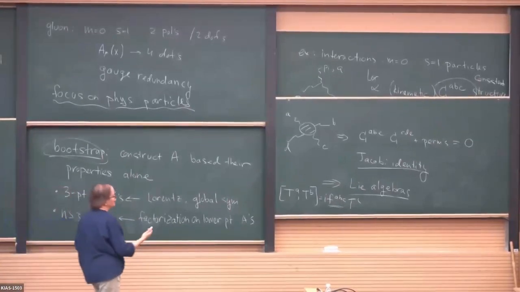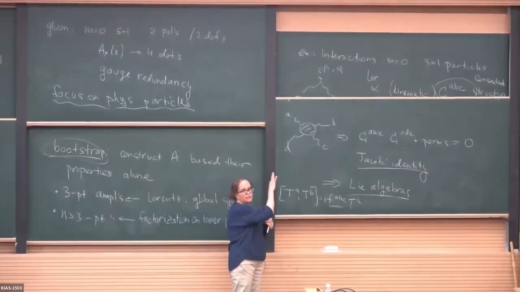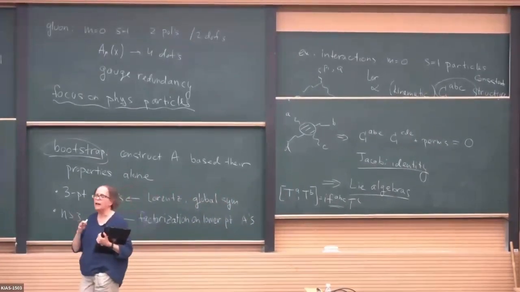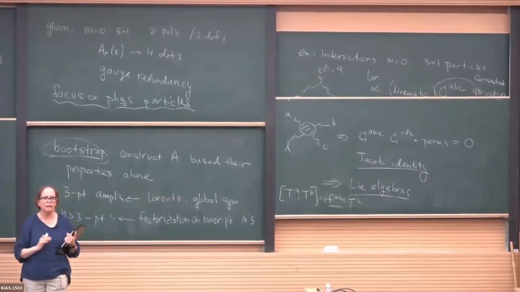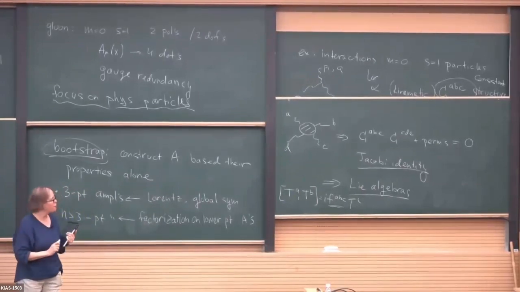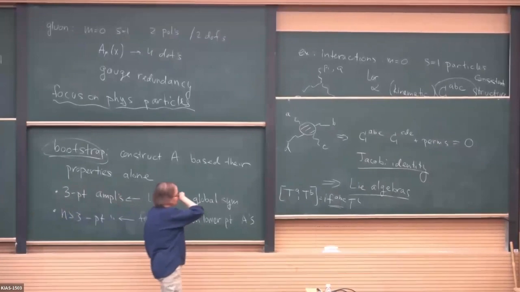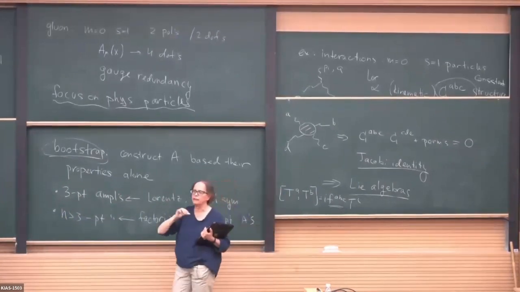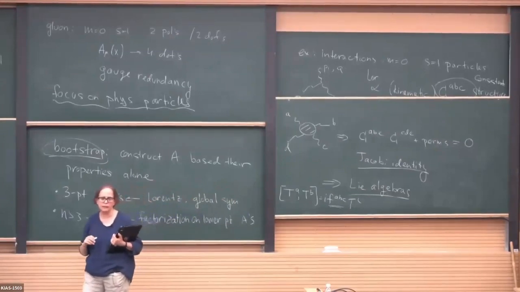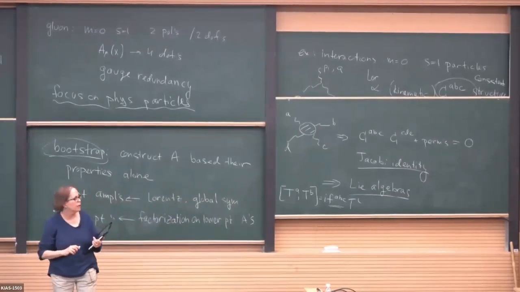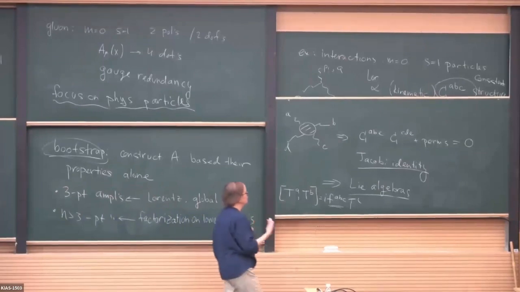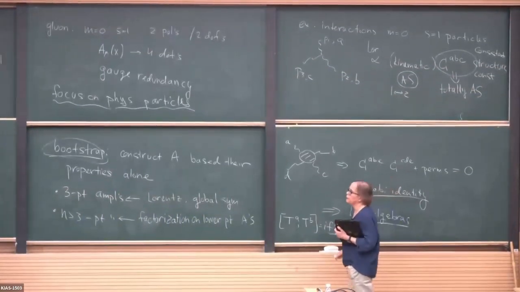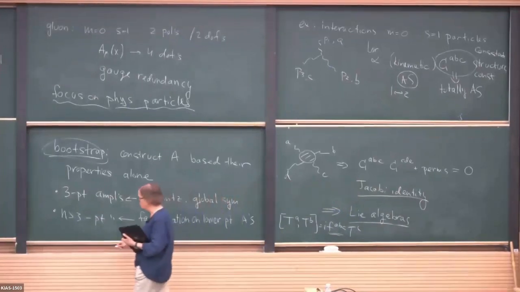But in this case, you see that just the consistent interactions of spin 1 massless particles gives you this full structure of Lie algebras. And actually what we're going to see is that it's not just massless particles. I can also talk about massive particles, and I'm going to get exactly the same thing. So this is kind of the spirit of what we're going to do, and we're going to work that out explicitly.